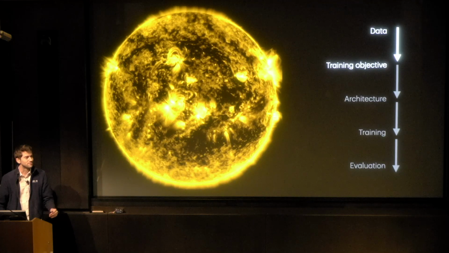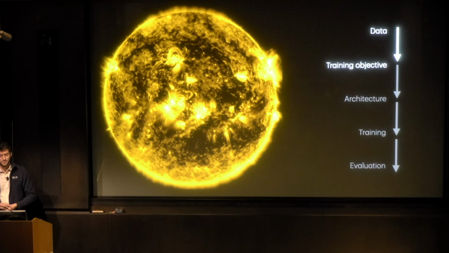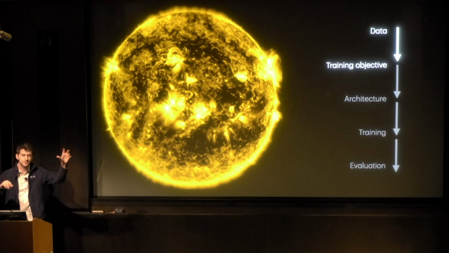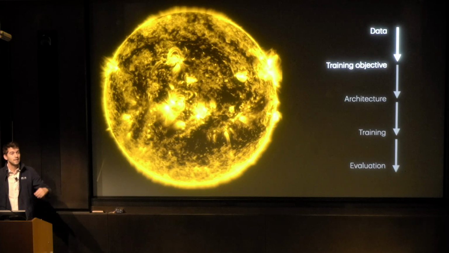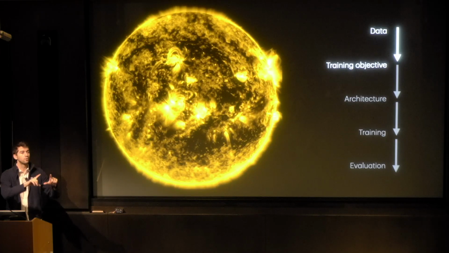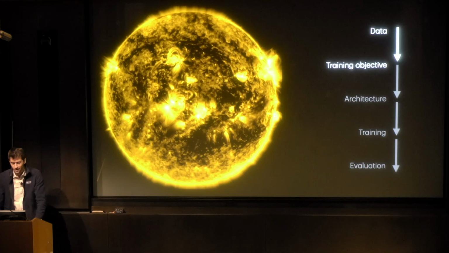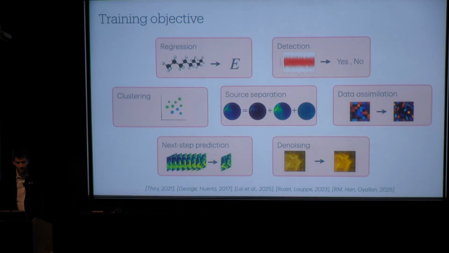Second point, training objective. I separated training objective from architecture voluntarily, because I didn't want to show directly this is a transformer, this is a diffusion model, because what matters in the end is how you use the architecture. I'll come back to this point. So you have different training objectives in machine learning: regression, detection, clustering, source separation, and data assimilation is now more and more done with data-driven models.